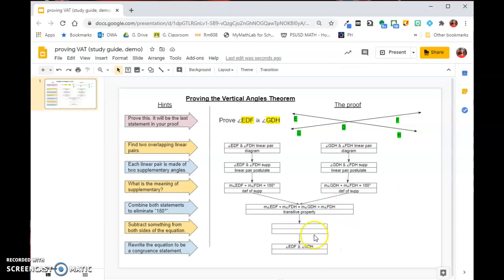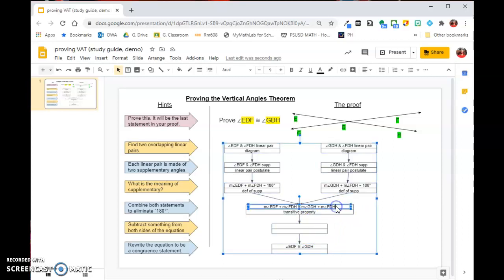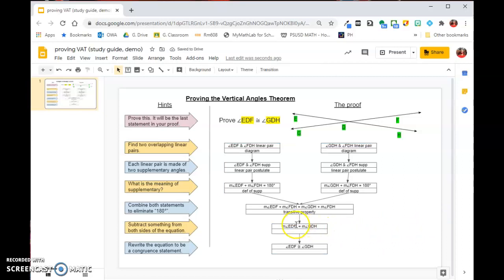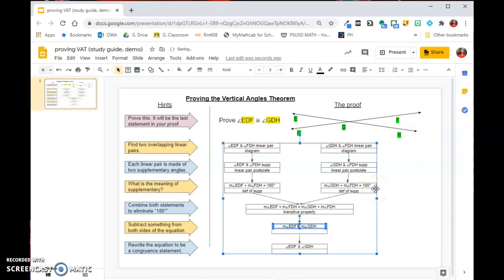Here we go. Subtraction property of equality. We're going to finally take away the FDH from both sides. Okay, I have an extra space.